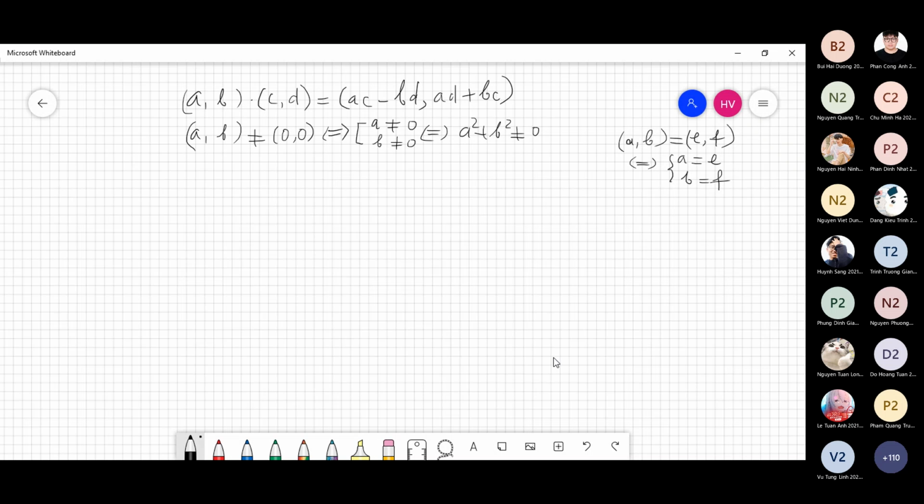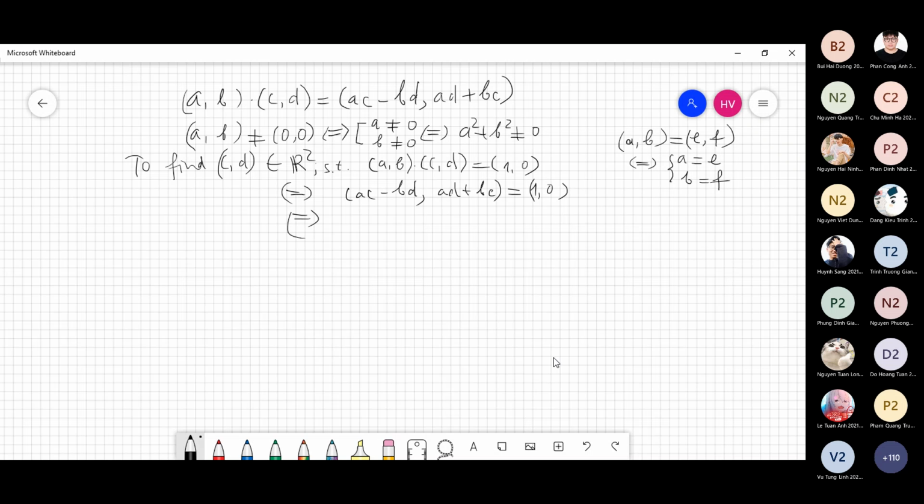And now we find (C, D) in this R squared such that (A, B) multiplies (C, D) equal (1, 0). And you multiply this here, you obtain (A, B) multiplies (C, D) is AC minus BD, so you obtain AC minus BD and AD plus BC equal to (1, 0).